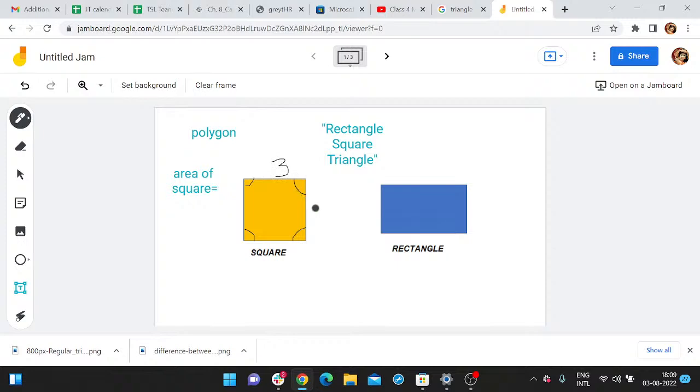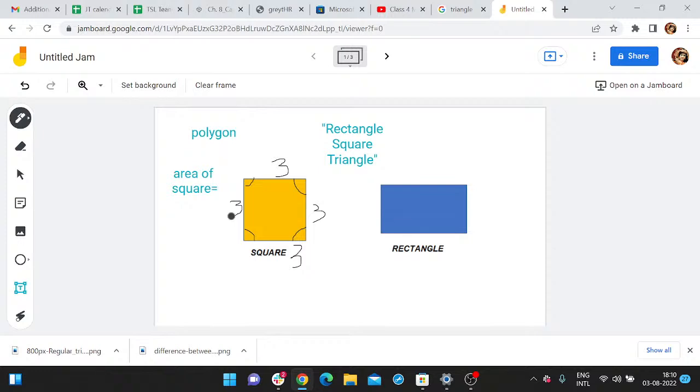That means, as we've studied before, if one side is 3 centimeters then all the other sides will also be the same, because that is the property of the square. So that would be 3 centimeters. I'm going to write it here as well. 3 centimeters. 3 centimeters.